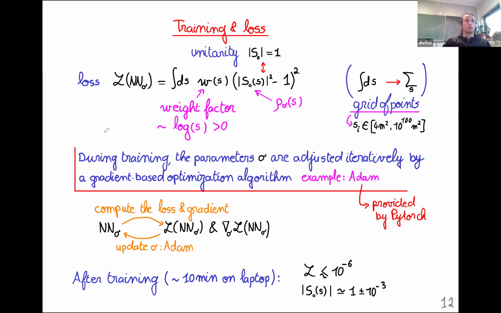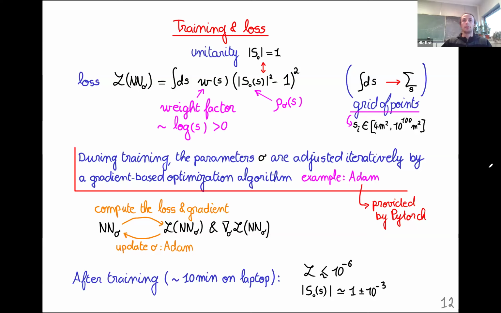Okay, so now we have our loss and we have our neural network. During the training, the parameters sigma are adjusted iteratively by a gradient-based optimization algorithm. In our case, we used the Adam optimizer, which, as I said, is a variation of the standard gradient descent.